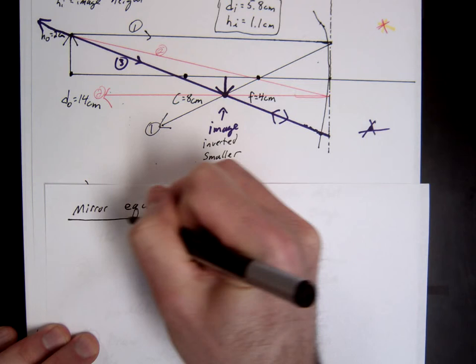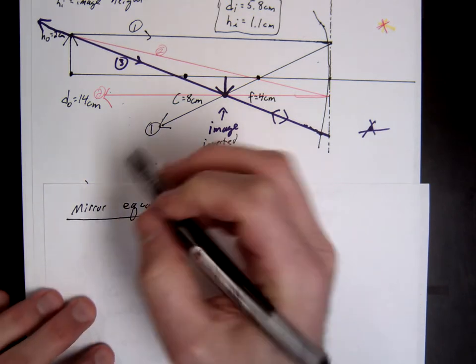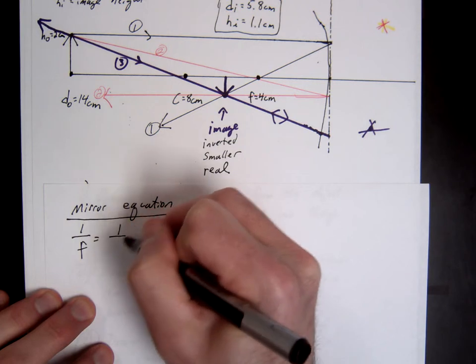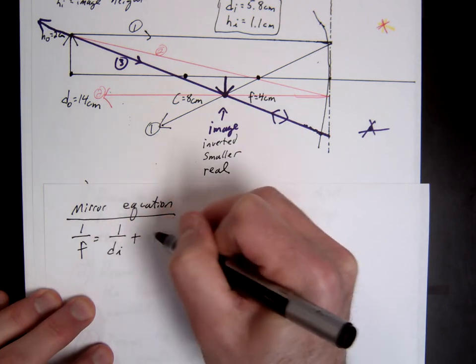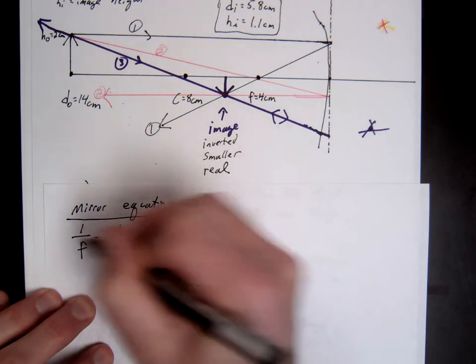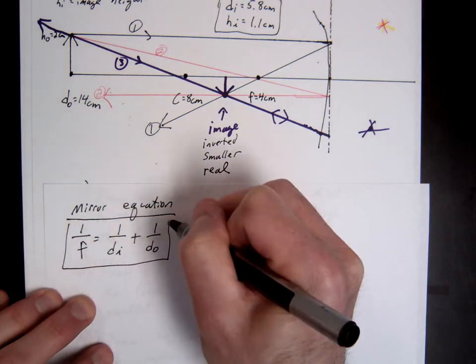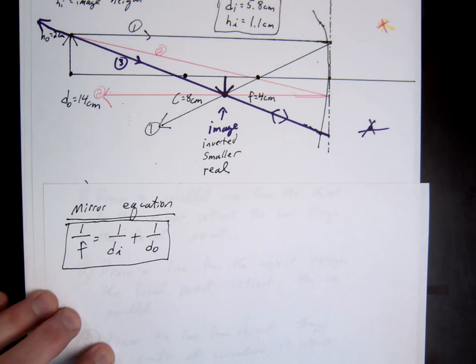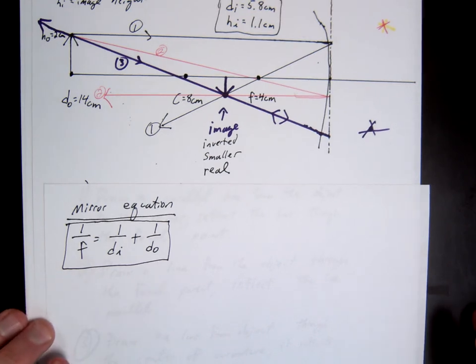So here's what the mirror equation looks like. We're going to go 1 over f equals 1 over di plus 1 over do. There's two big equations in this unit. This is the first one. Okay, 1 over f equals 1 over di plus 1 over do.